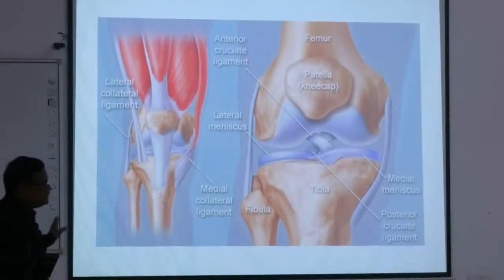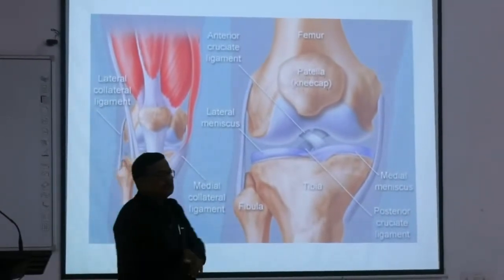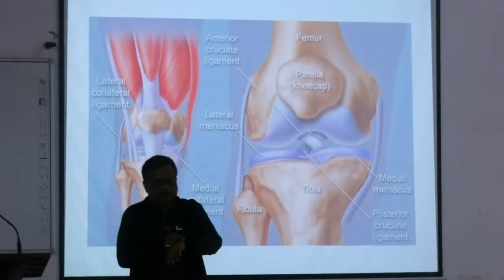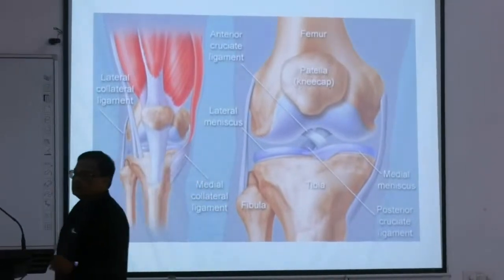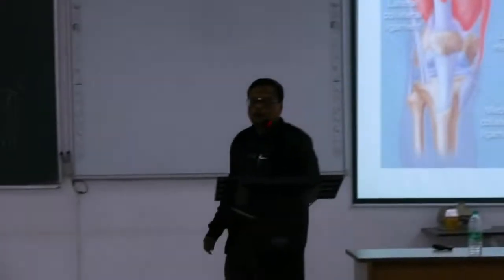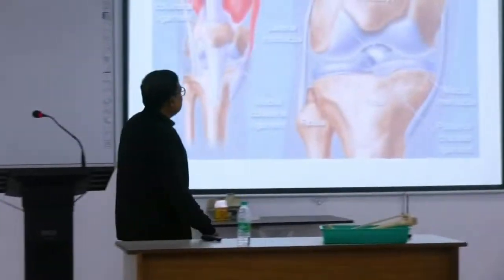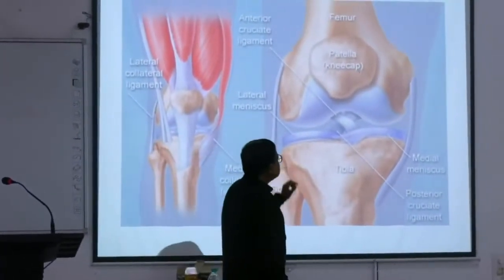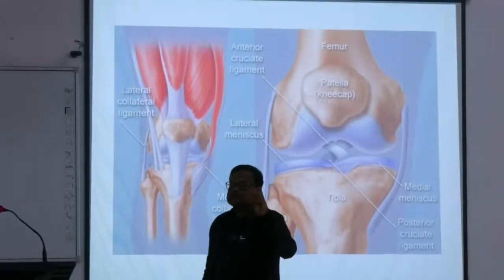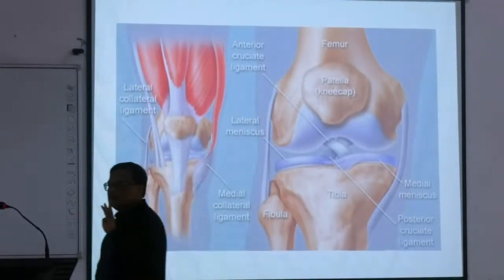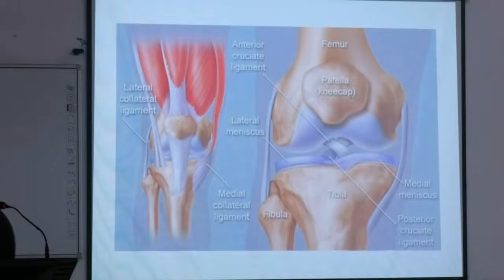Now, with this introduction, we come to the articulating surfaces which form the knee joint. All of you know the articulating surfaces are formed by three bones: condyles of the femur, condyles of the tibia, and the posterior surface of the patella.